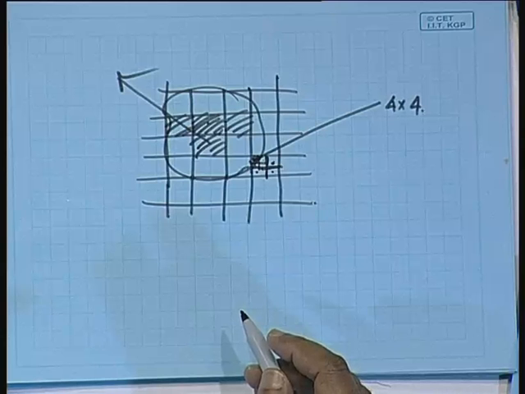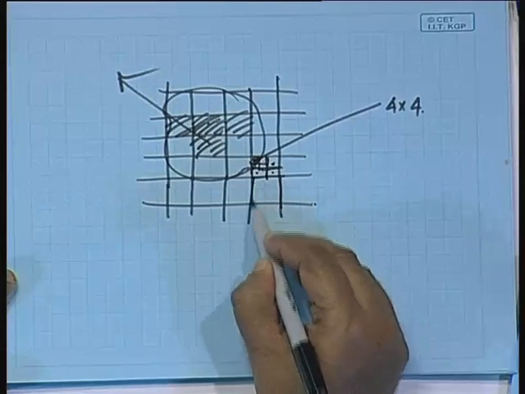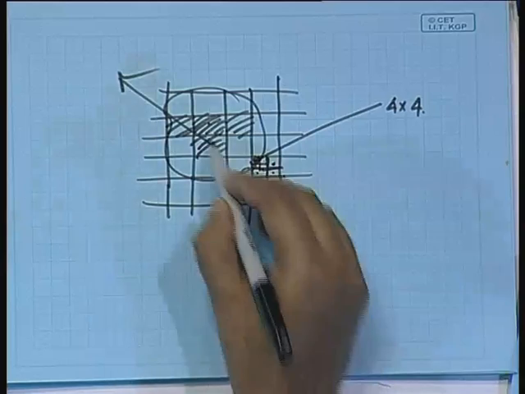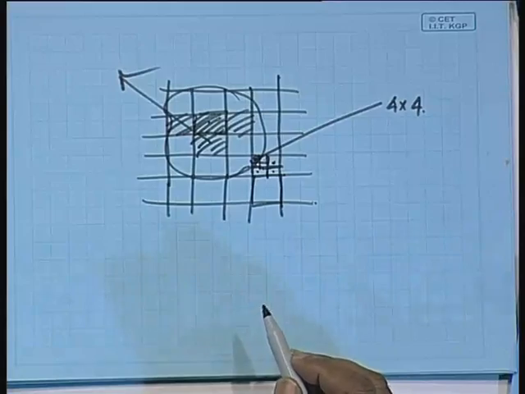Now, for the rest of the area, for this entire 16 by 16 there is no problem, I can assign a single motion vector. For this 16 by 16 I can assign a single motion vector. That means it depends on the parts of the image. Wherever a block corresponds to the boundary of an object, it makes more sense to subdivide that block into further sub blocks.